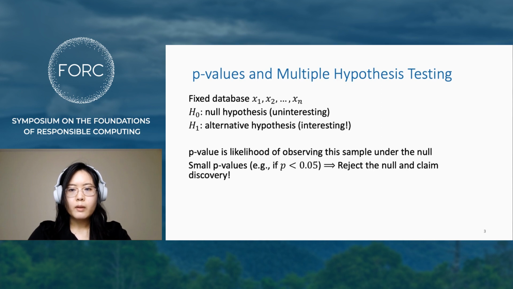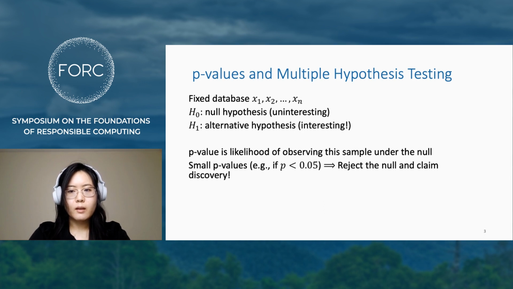A p-value quantifies the likelihood of observing these samples under the null. A small p-value indicates the alternative hypothesis is more likely to be true. Then we will reject the null and claim a discovery.